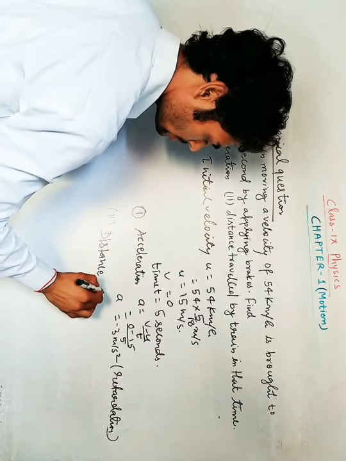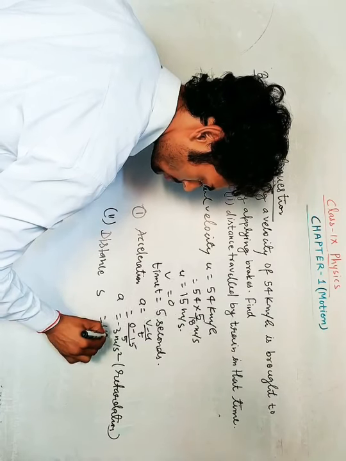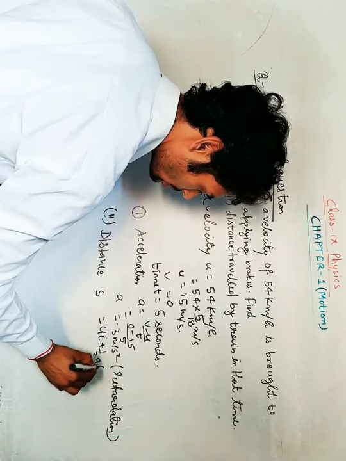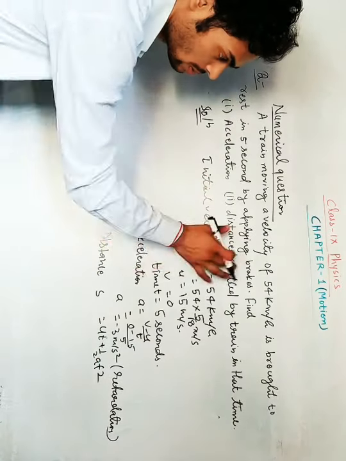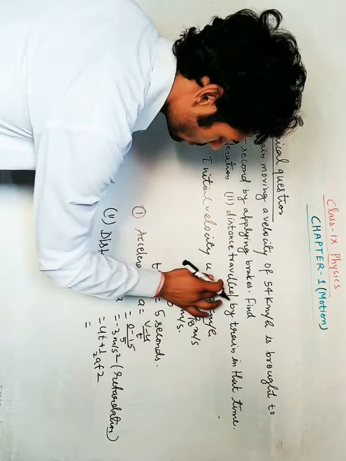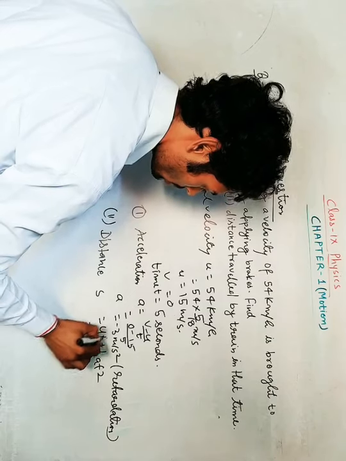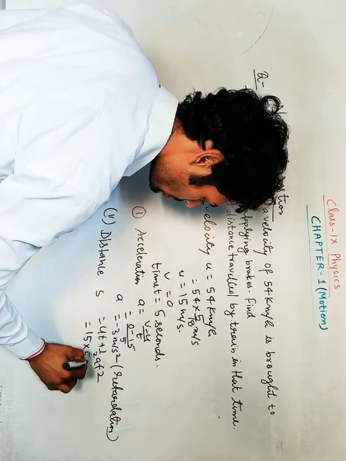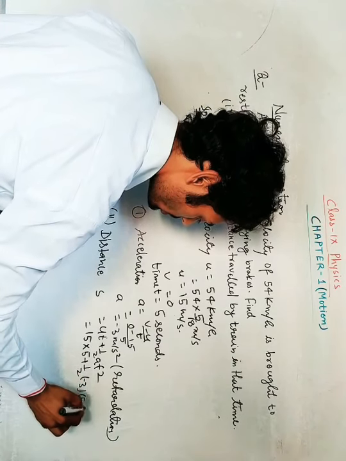So distance S equals ut plus half at square. This is the second equation of motion, because we have to find the distance traveled by the train. Value of u equals 15 into t, value of t equals 5, plus 1 upon 2, value of a equals minus 3 into 5 square.